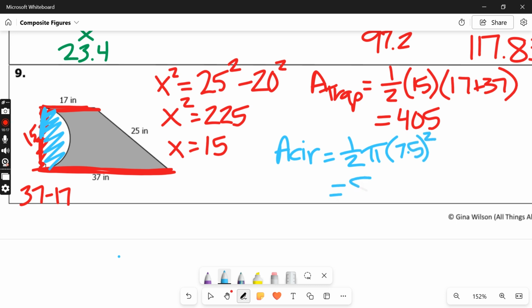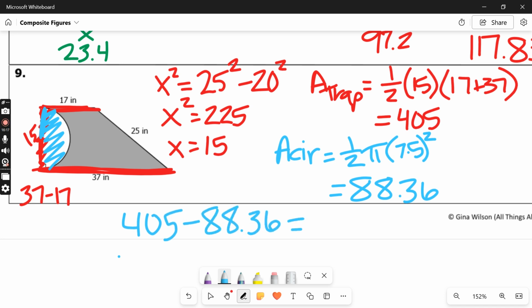And when I do that, I get 88.36. So then my total is going to be 405 minus 88.36. And when I subtract those, I get 316.64.